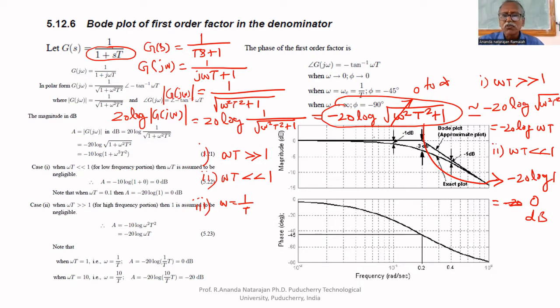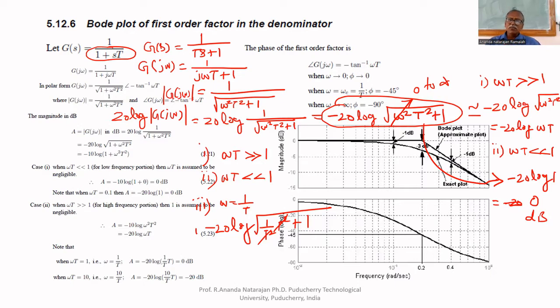We can replace omega by 1 by tau. Therefore, the equation becomes minus 20 log square root of 1 by tau square into tau square plus 1. Tau square gets cancelled. Therefore, 1 plus 1, you will get 2. The third case is when omega equal to 1 by tau.